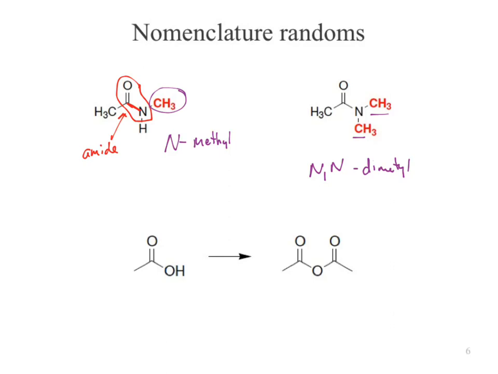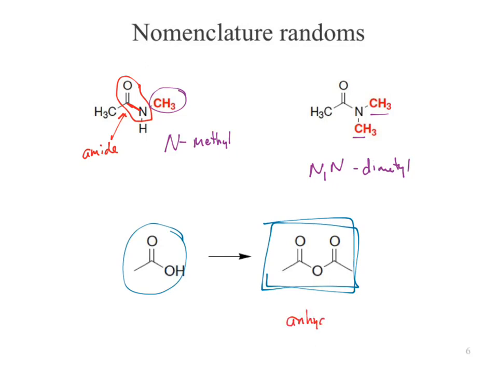A carboxylic acid can react with itself to form this new functional group. That new functional group is known as an anhydride. Why is it an anhydride? What did I lose between these two molecules to make the anhydride?